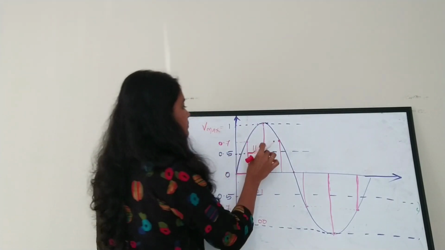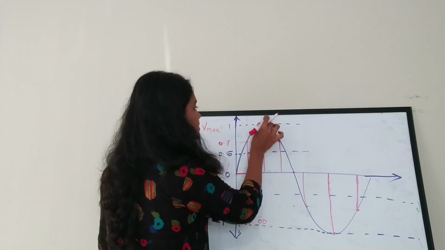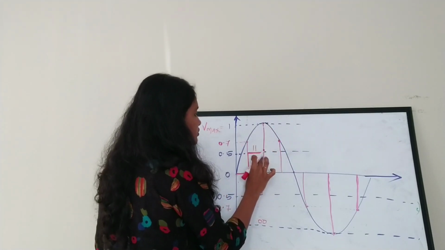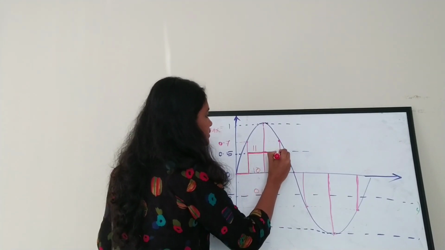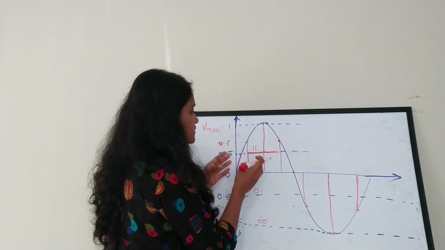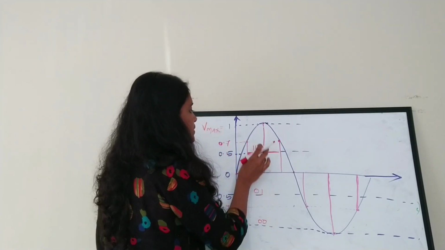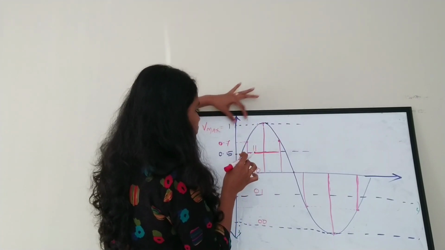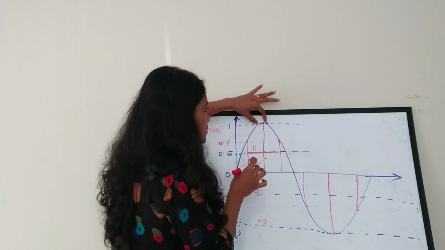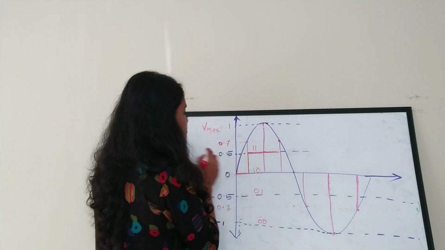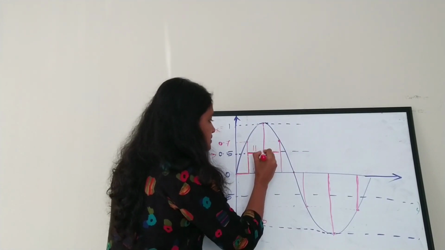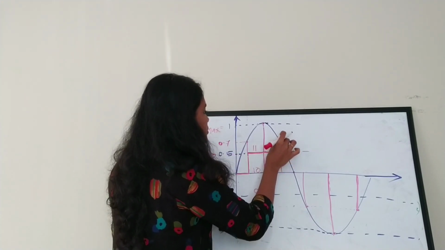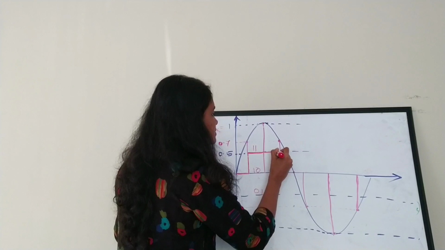Again, for this sample the value is closer to 0.5 volt, so we select that. For the sample at 1 volt, the quantization level closer to this value is 0.5 volt, so we select this. Taking the case of this 0.7 volt, again we select this value.